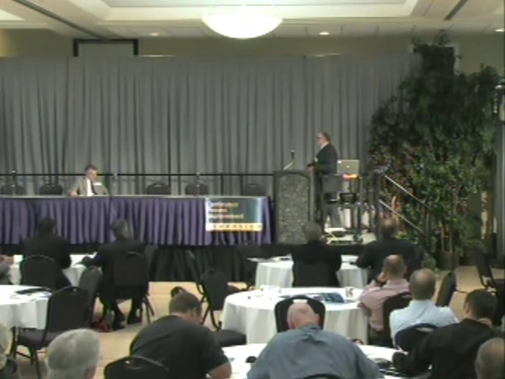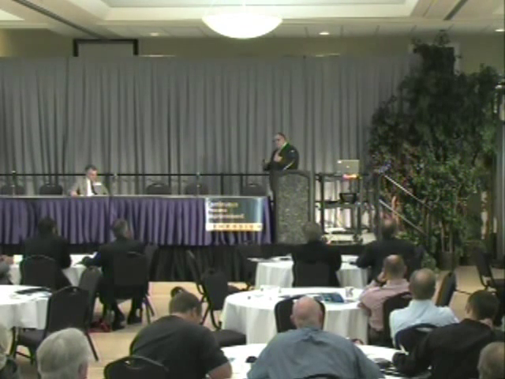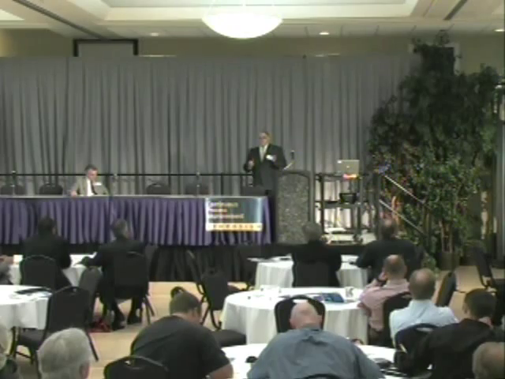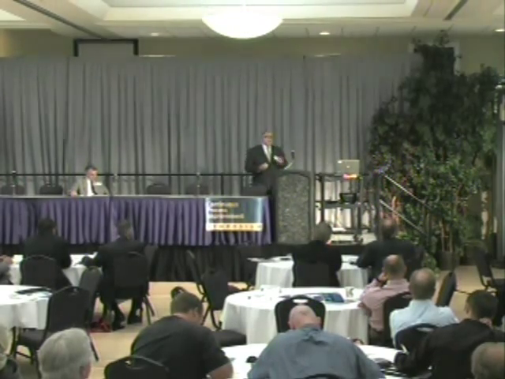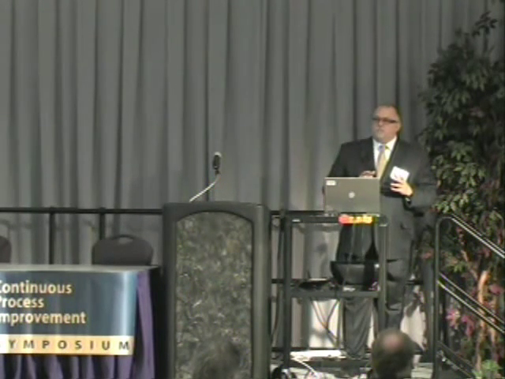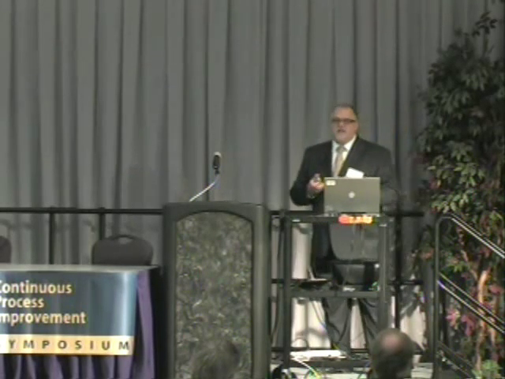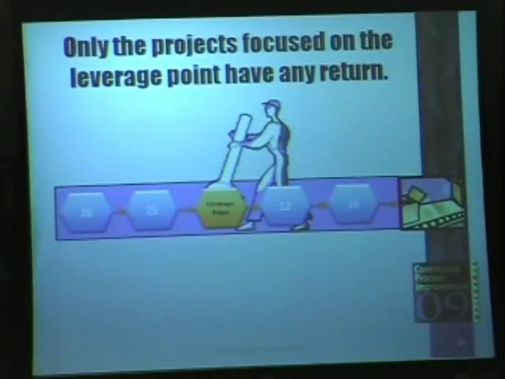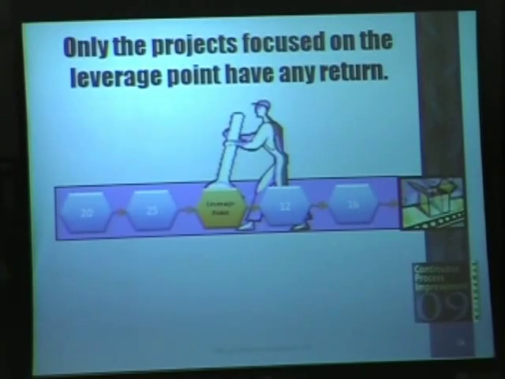And yes, that's true, but not all the time. This is why TOC, in combination with Lean and Six Sigma, is such a powerful tool. Because TOC, with these tools, helps us really find that leverage point and get that alignment. Only the projects that are focused on that leverage point have any real return at all.